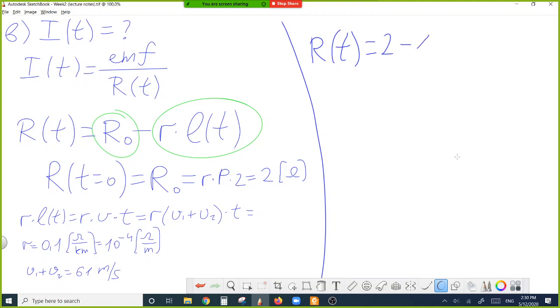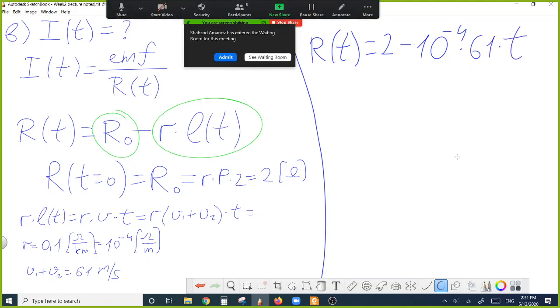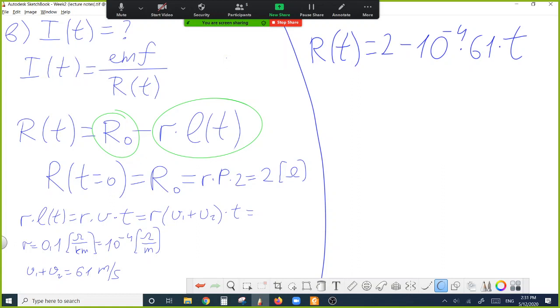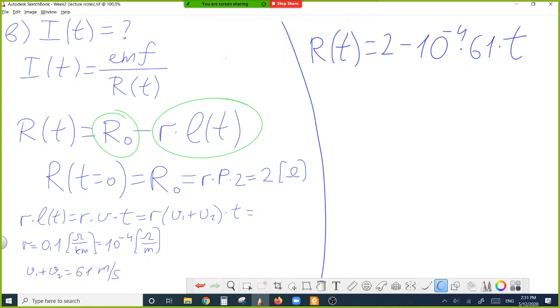R is 10 to minus 4 multiplied by L, and LT is 61 T. If we simplify a little bit, we get R(t), which is equal to 2 minus 6.1 times 10 to minus 3 T.